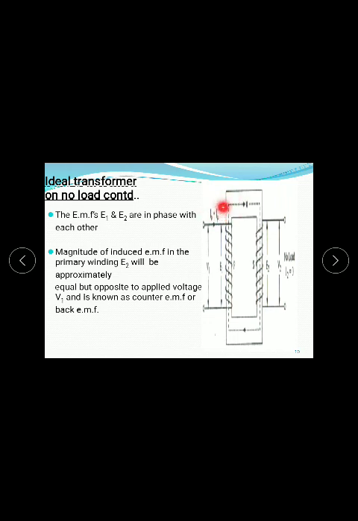So I mu and the flux are 90 degrees lagging with V1, and E1, E2 are lagging by 90 degrees with the flux. E1, E2 are opposite to the V1. So this E1 is called counter EMF or back EMF.